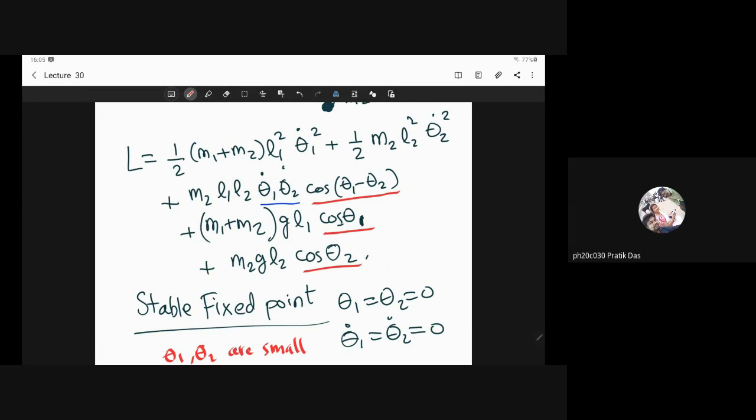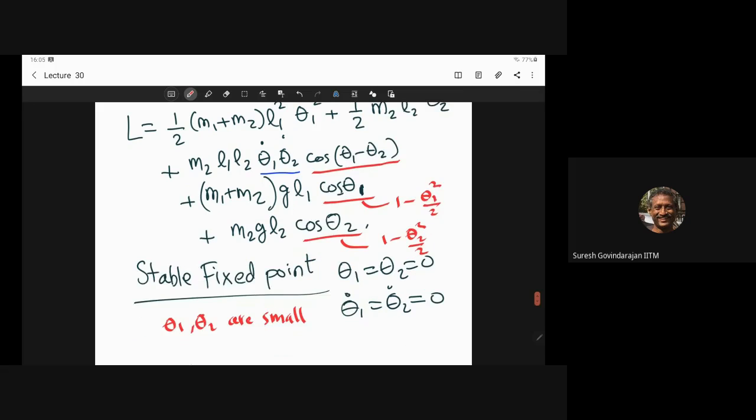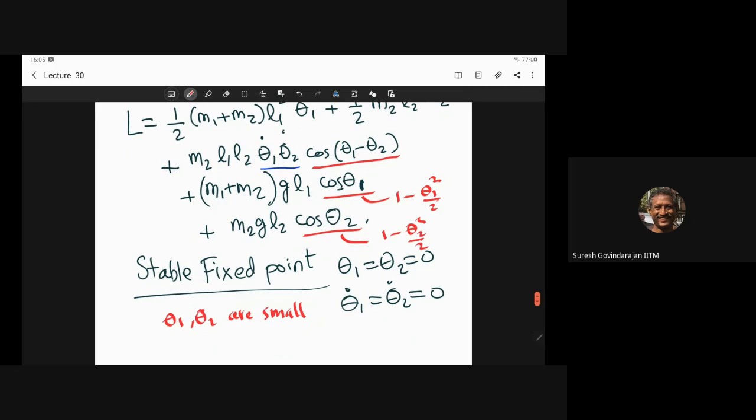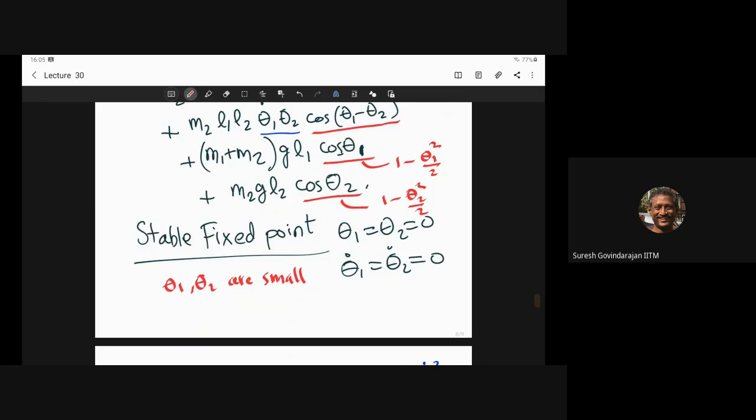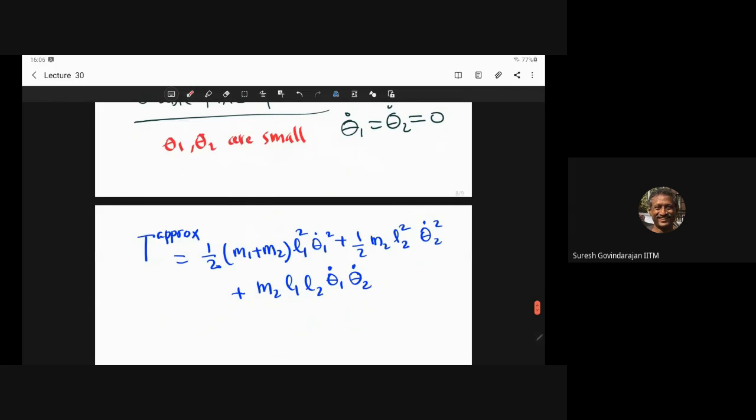Sir, all the cos terms will be 1 now. No, because we have to keep terms up to theta square, right? 1 plus theta square, minus theta. The one term we can drop because it's some constant, so we won't worry about that. We'll only keep the square dependent terms. So now let me write what V approximate is.